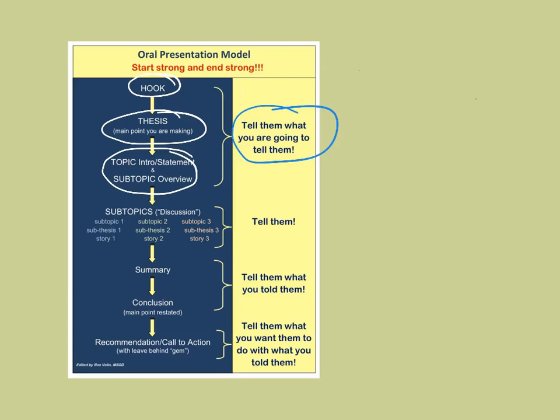The next thing you're going to do is tell them. Now, this may seem like we're starting to be repetitive, but from the audience point of view, if you do it right, it's really reinforcing and supporting their retention and awareness of what you're there to really communicate. What happens with the tell them? This essentially is a section that we refer to as the discussion part of the presentation, where we have your subtopics.